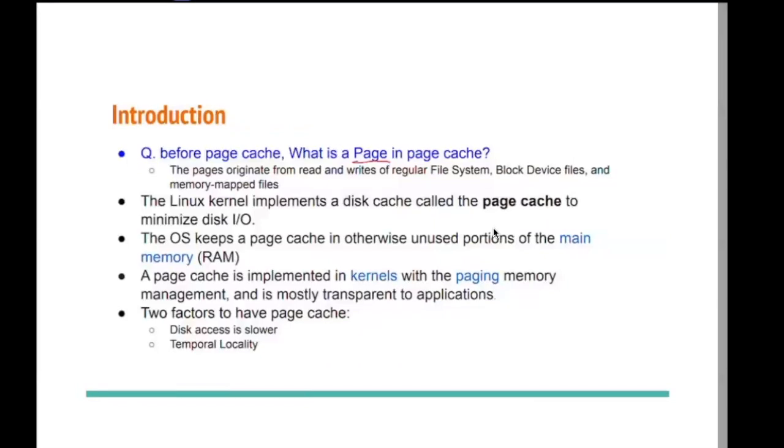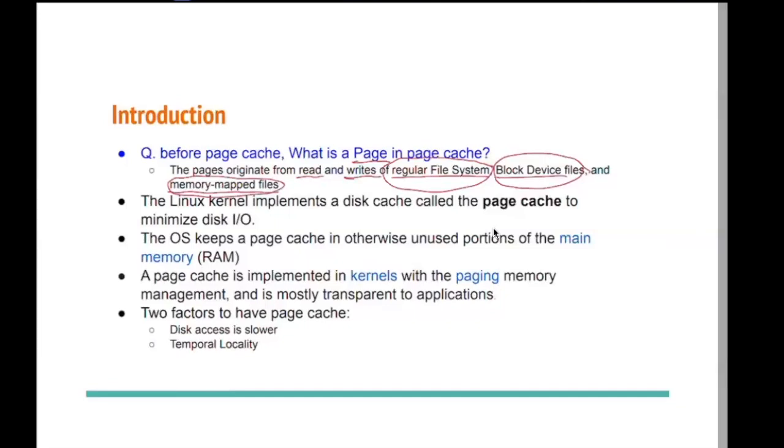So if you do I/O, meaning read or write operations, on a regular file system, block devices, or memory mapped files, these are the different types of files where we do I/O. As we know, in Linux everything can be represented in the form of a file. We can represent block devices as files, regular files as files, and also memory mapped devices as files.